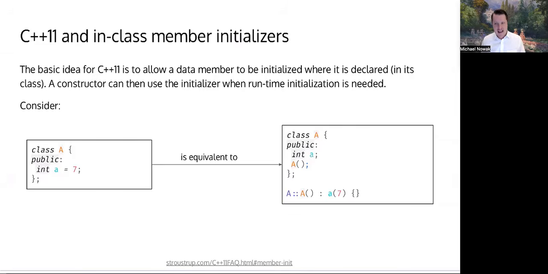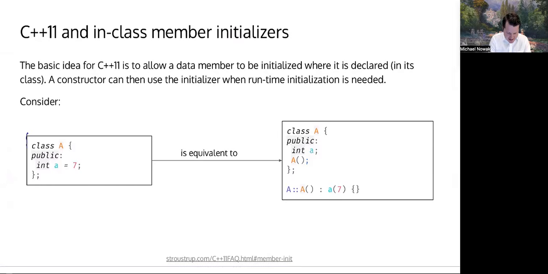So what we're going to see here is that in-class initialization, this example here on the left, where we go ahead and provide in our declaration of data member A an initializer to say that A will start out with 7, is going to be equivalent, at least in this specific context, of writing the following: providing a declaration of data member A without an initializer, and then having the constructor go ahead and initialize that data member with the numerical value of 7.